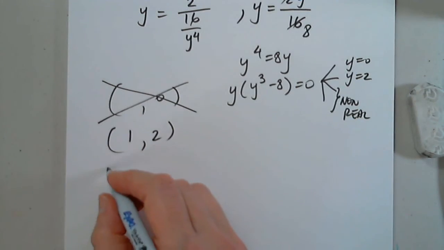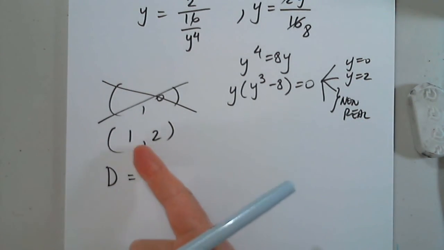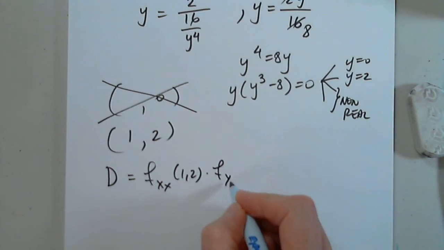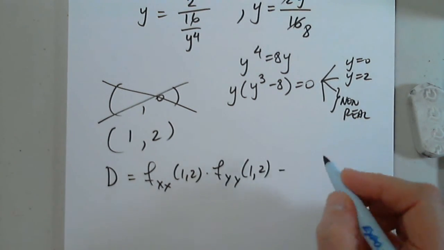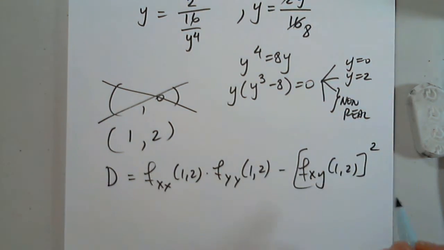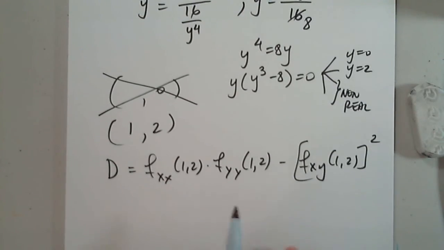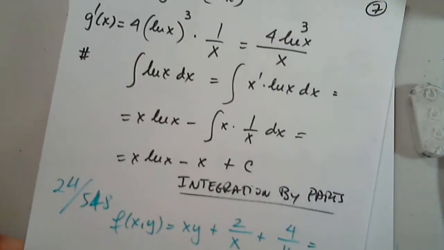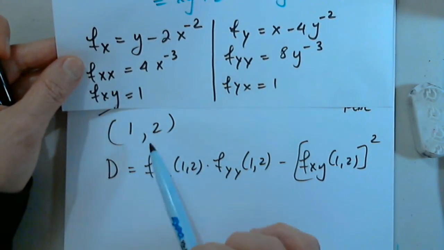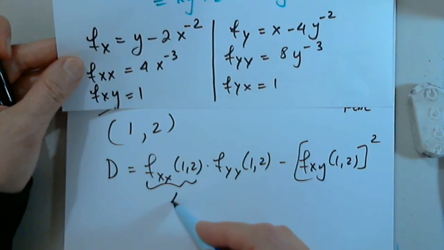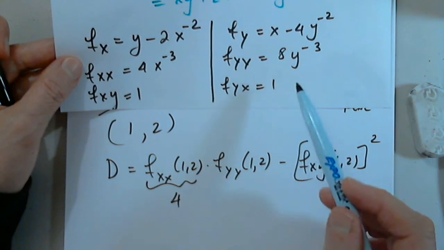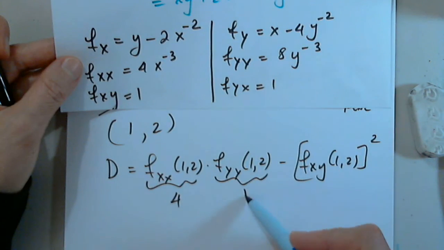So now we have to determine the D for this point, which is fxx at 1, 2 times fyy at 1, 2 minus fxy at 1, 2, but squared. Okay? So where is my fxx? So I only plug in 1, so that's 4. Fyy, I only plug in 2, so that's 1.